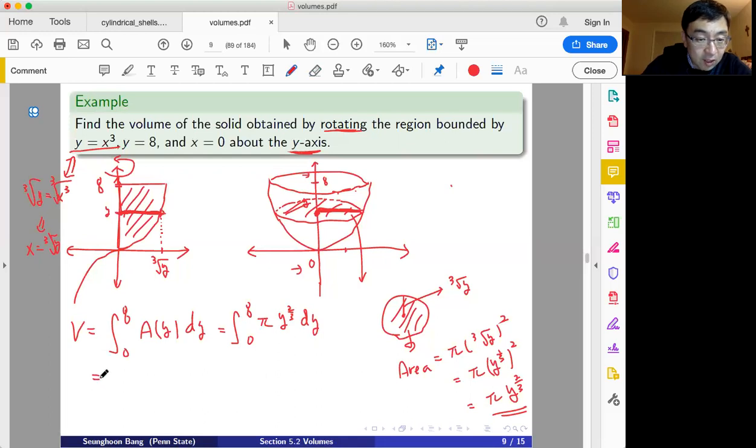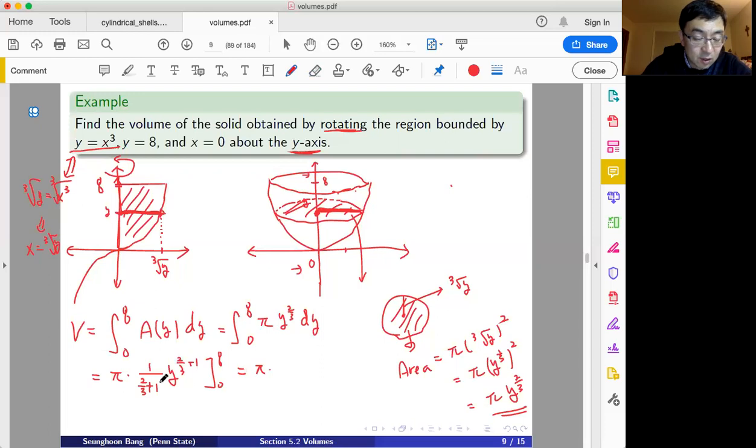You can define the antiderivative. Pi, the integral of Y to the 2/3, use the power rule: 1 over 2/3 plus 1, Y to the 2/3 plus 1, from 0 to 8. So what's that?